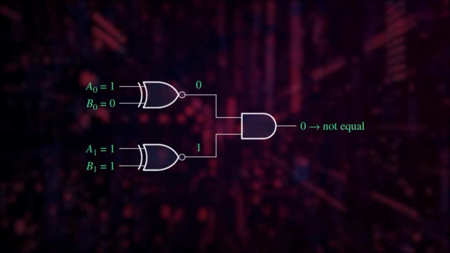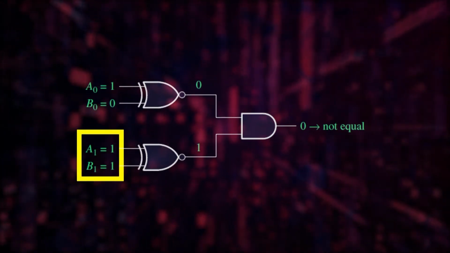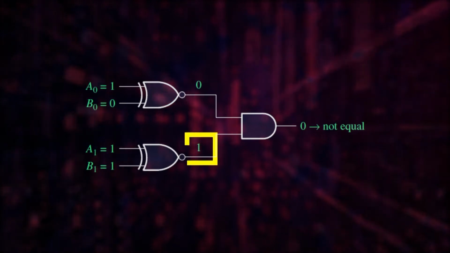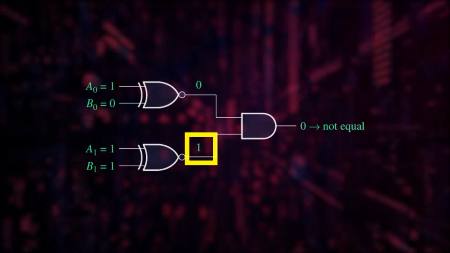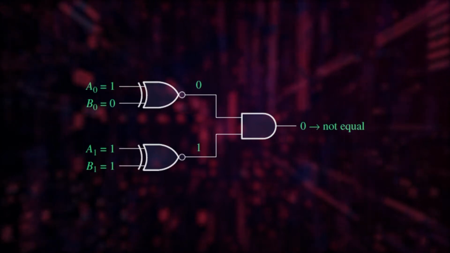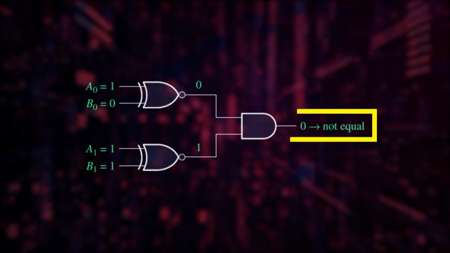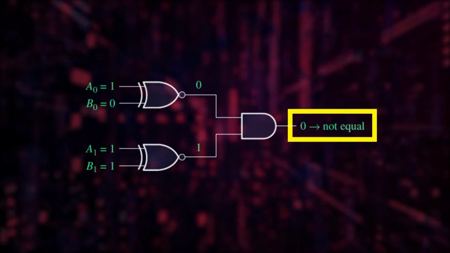To the second XNOR gate, the most significant bits 1 and 1 are fed, which produces output 1 as those bits are equal. These outputs from the XNOR gates act as inputs to the AND gate and produce 0, which shows that the numbers are unequal. The basic comparator can be expanded to any number of bits.